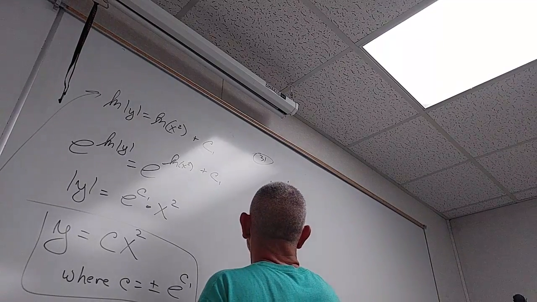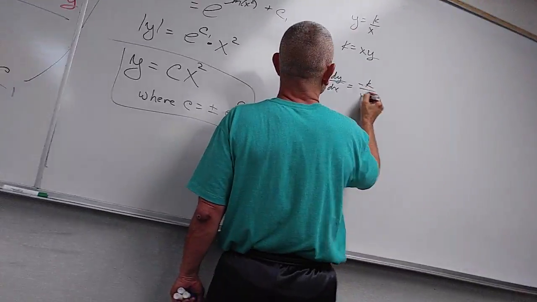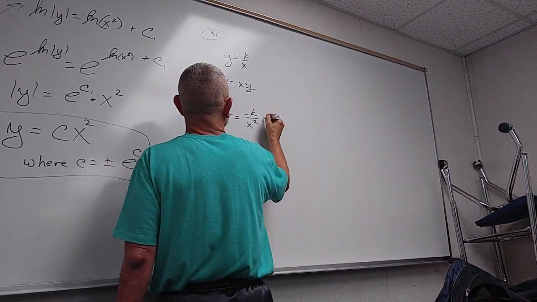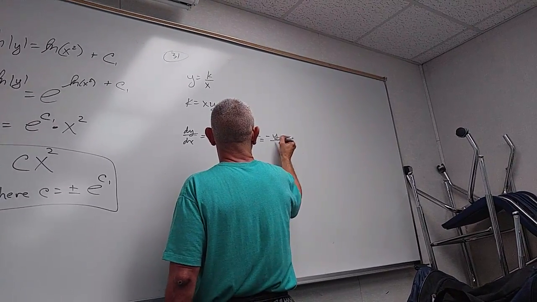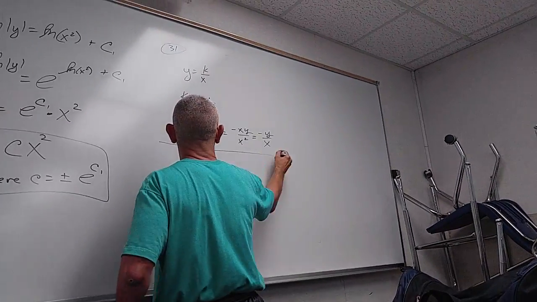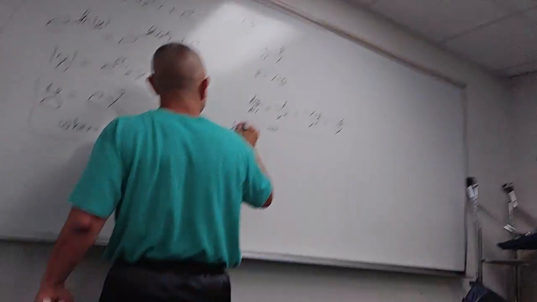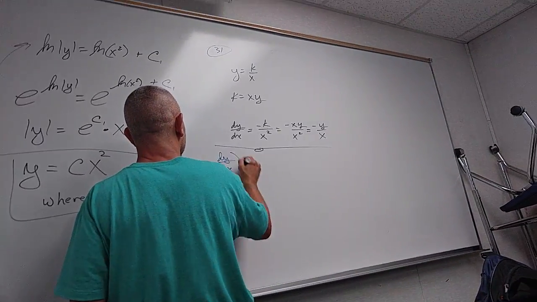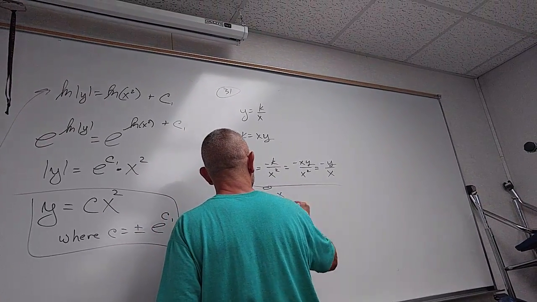I guess dy/dx is minus k over x squared. So that's minus xy over x squared. So that's minus y over x. That means that the orthogonal family, dy/dx orthogonal, would be positive x over y.